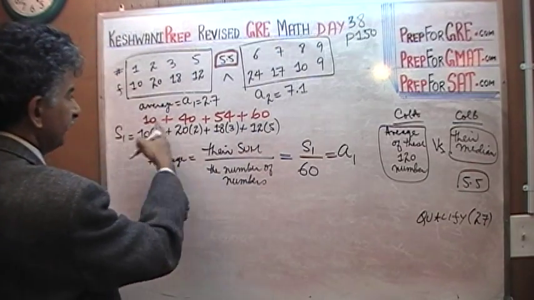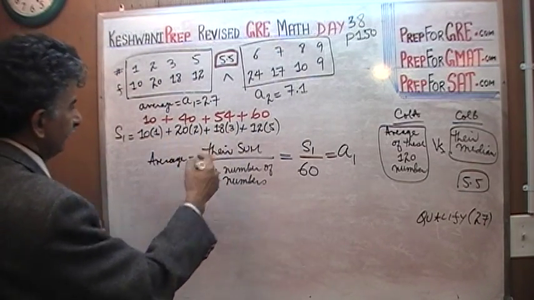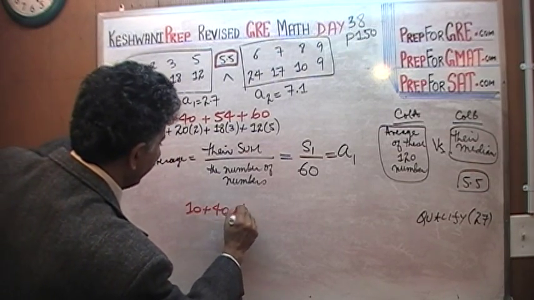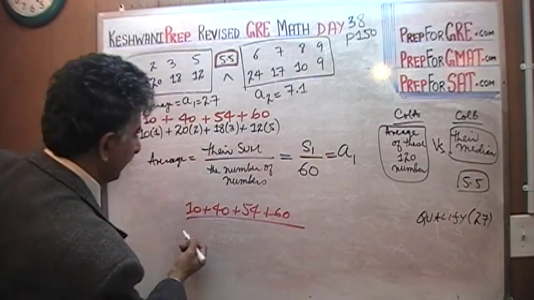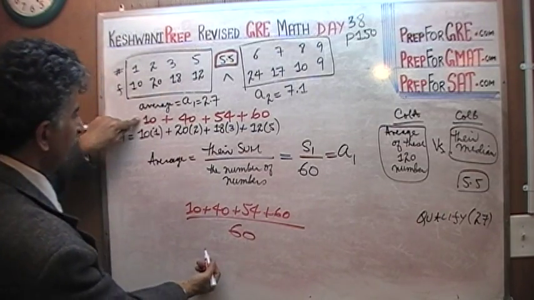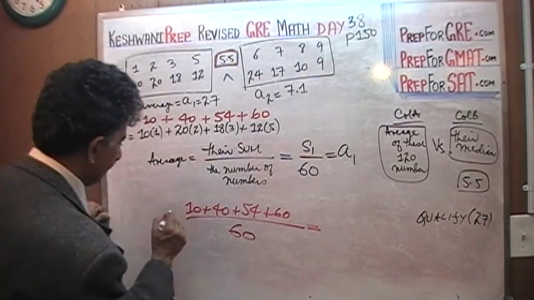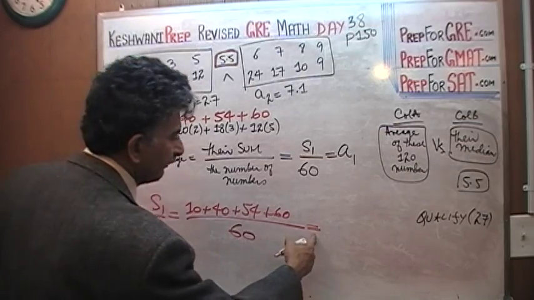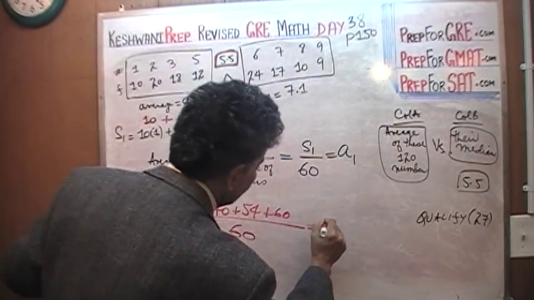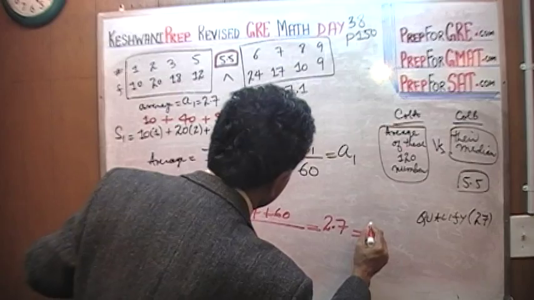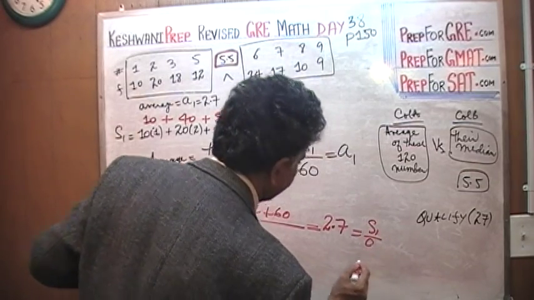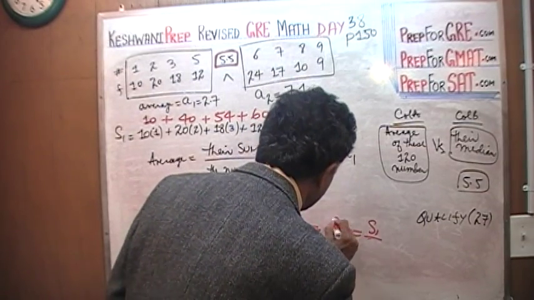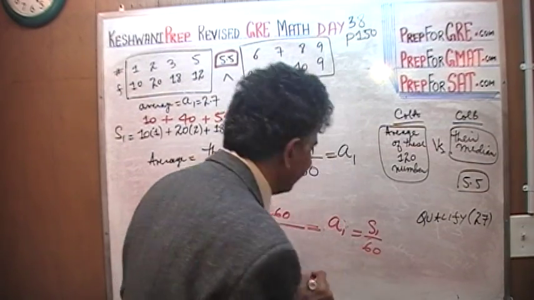So if you were to add up all of these numbers, 10 plus 40 plus 54 plus 60, and divide by 60, you will find that this sum, which we're calling S1, divided by 60, comes out to be the average that they're giving us, 2.7. So 2.7 equals the sum divided by 60.